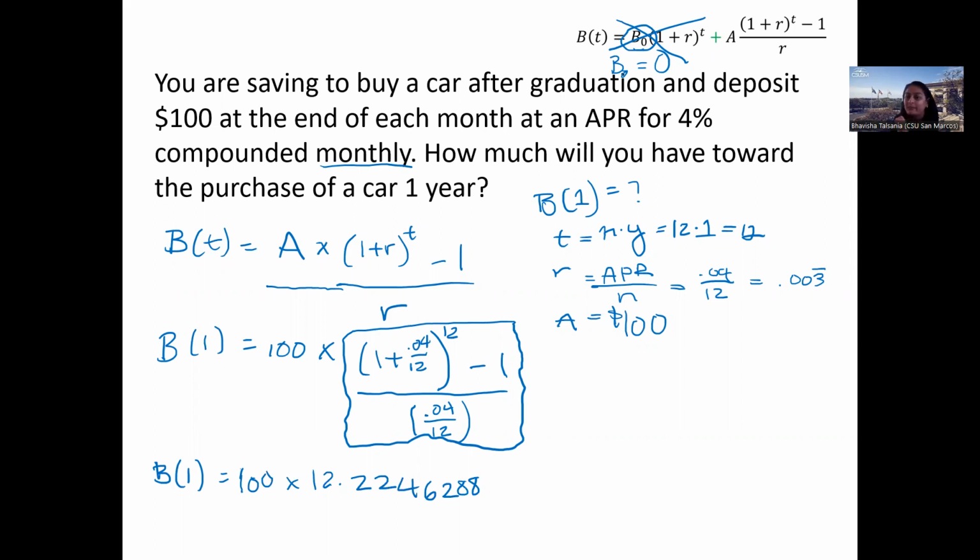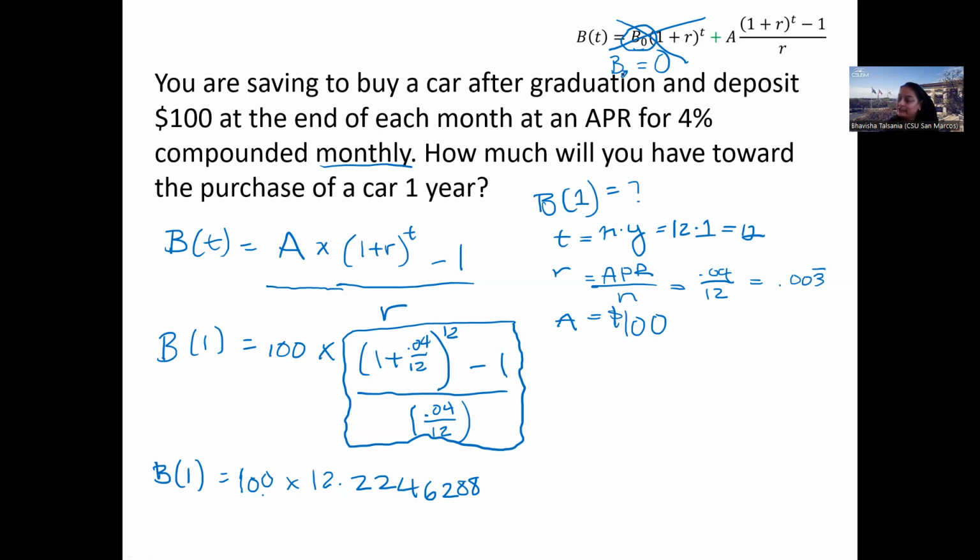So you have to do 0.04 divided by 12, then add 1, then bring all that to the 12th power, then subtract 1, then divide by 0.003333, keep going to like 7 or 8 decimal places, or you can do this first and then divide by that number.